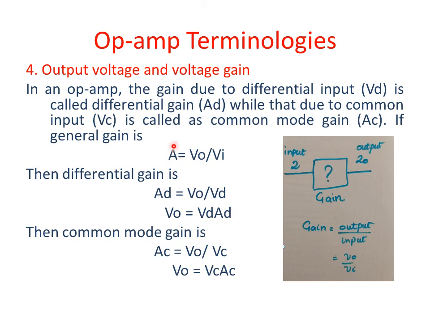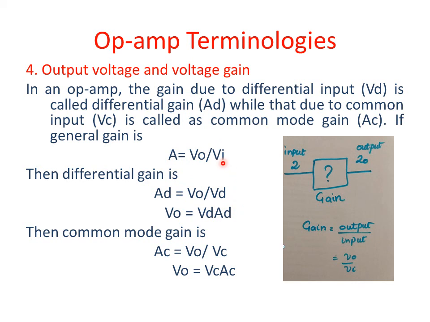Now please note that the gain is usually represented by the term A. The output voltage is represented by V0, the input voltage is represented by Vi. If I am giving the input signal as Vd, then this equation of gain can be modified to this equation. For example, we discussed earlier that we can apply two types of inputs.